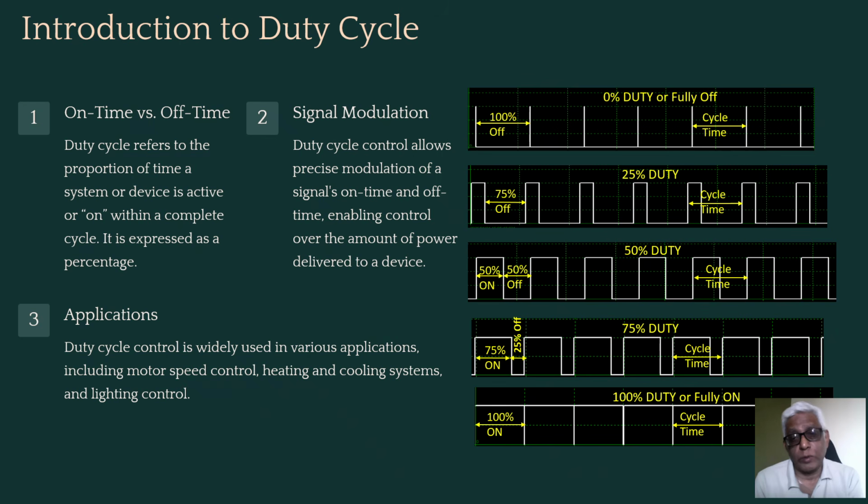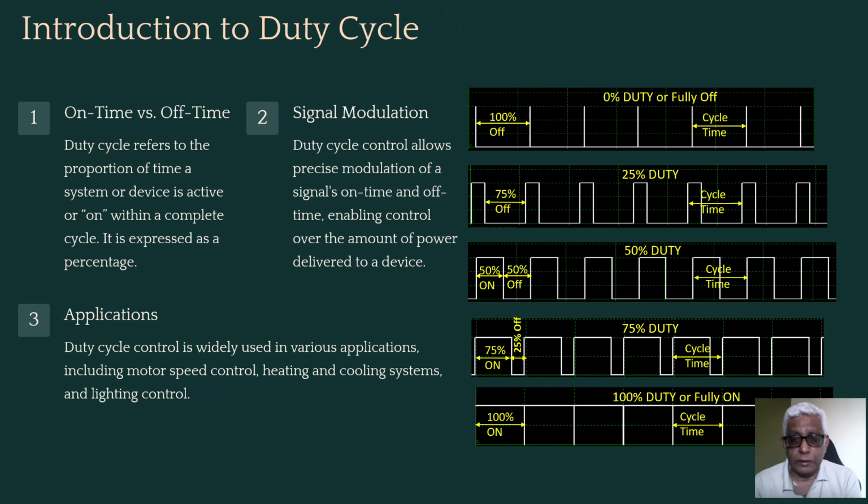Okay, or 0% duty. Now below it lies the 25% duty, where you get a narrow pulse that is on for 25% of the time. Next, when we increase the duty to 50%, it means it is on for half the cycle time and off for the remaining half.